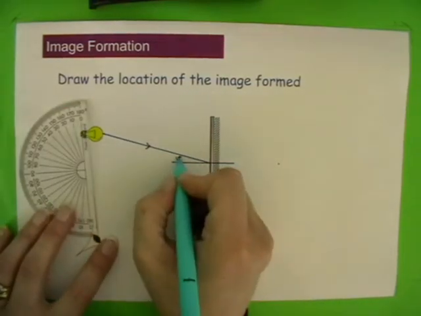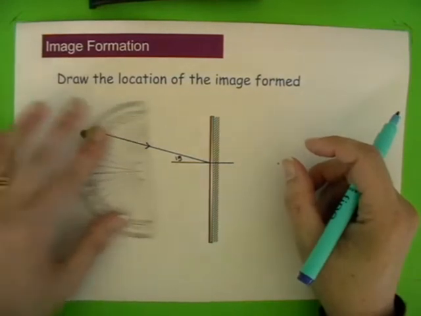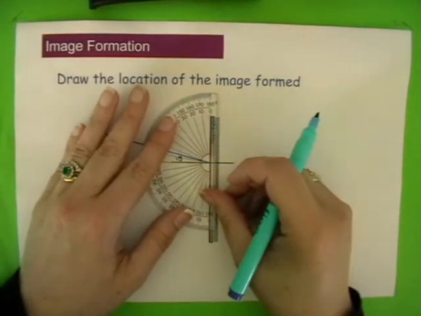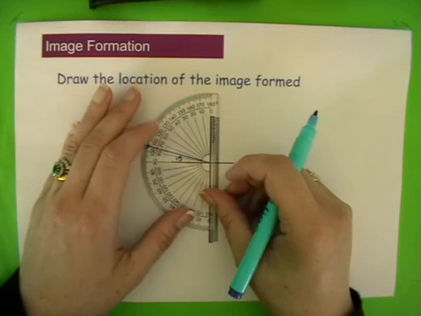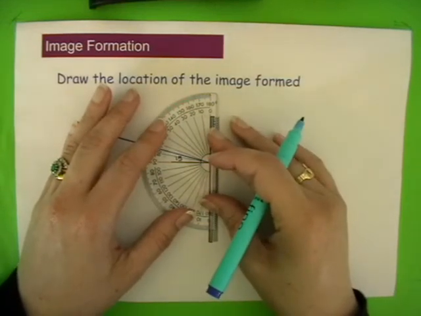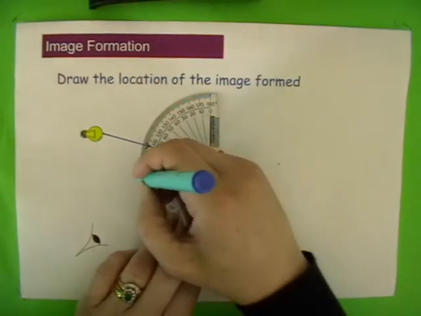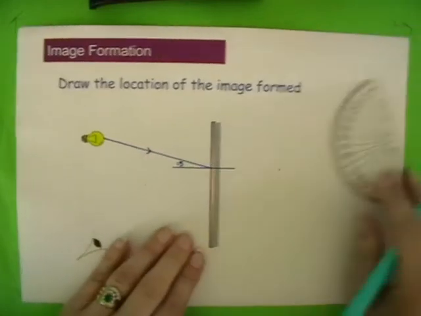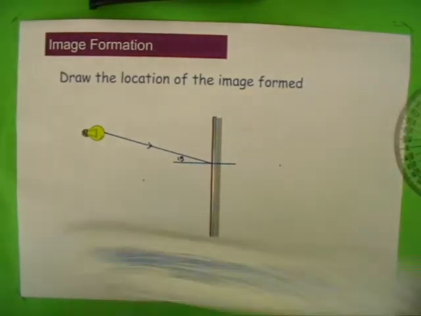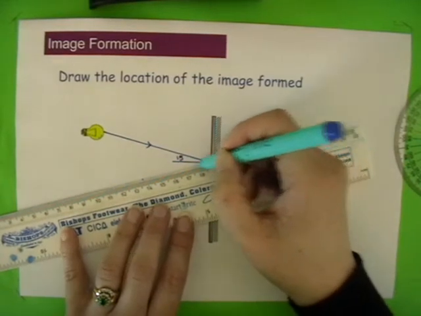So we'll write that in. I tend to write in the value so that I don't forget what it was. And when we line it up carefully again, if we measure around 15 degrees and put a dot and bring the ruler back in, we can draw the reflected ray.